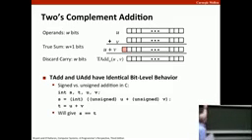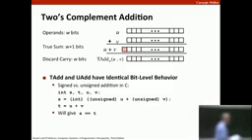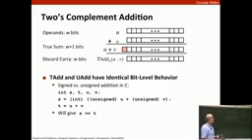So let's look at a few cases where the 2's complement overflows. If we take 3 and minus 6, and we add them together, we'll get 1110. We're going to drop off the carry, which is what? 7.